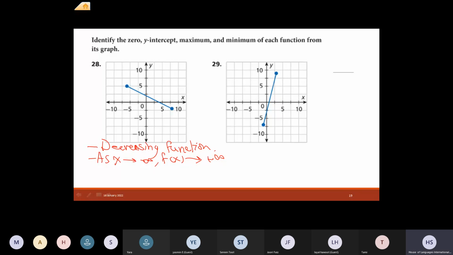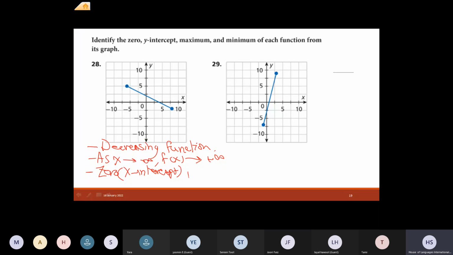Right. Now, what is the zero of the function here, or in other words, the x-intercept? Girls, look at me, please. What do I mean by the x-intercept? X-axis. Bravo. Where it intersects the x-axis. At which point?